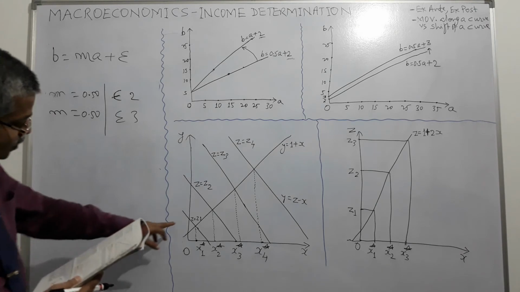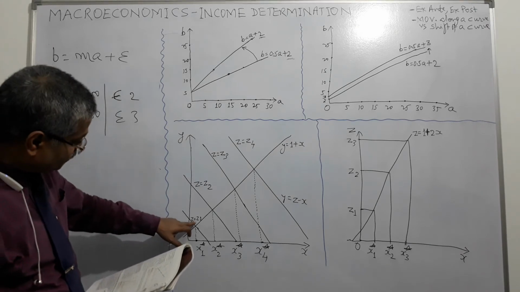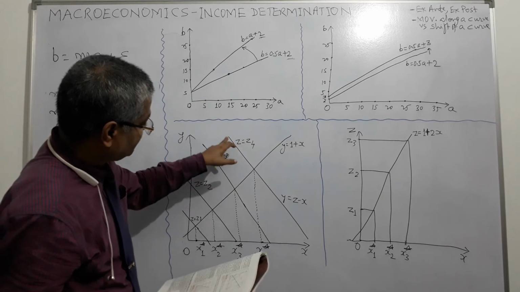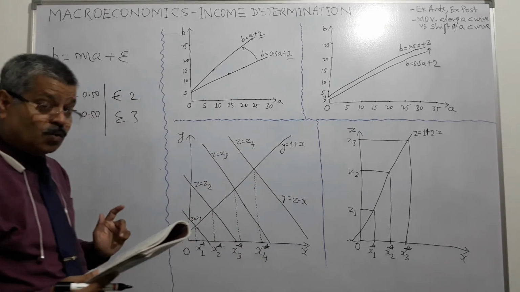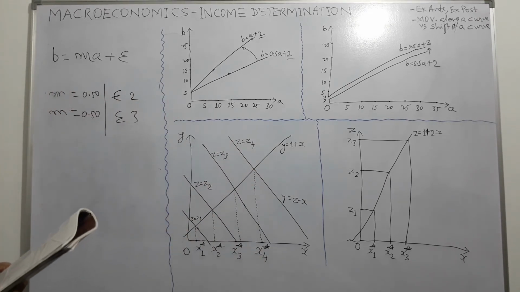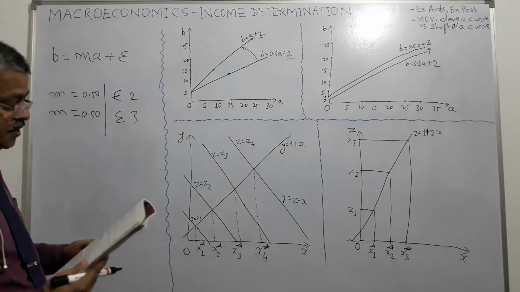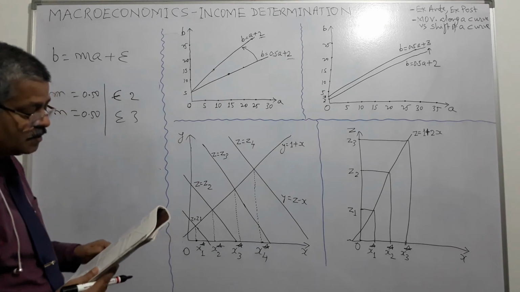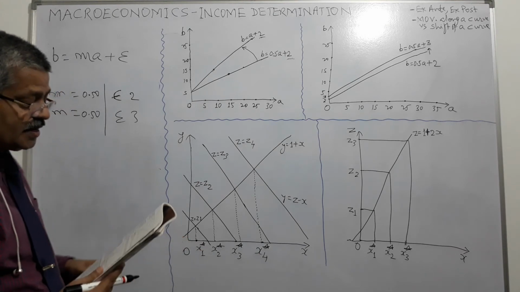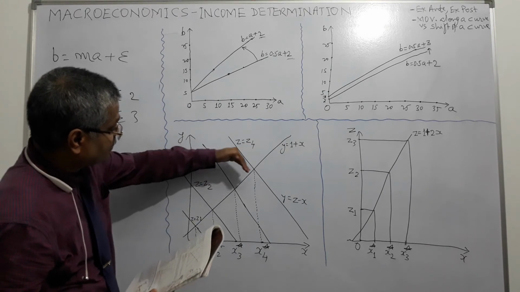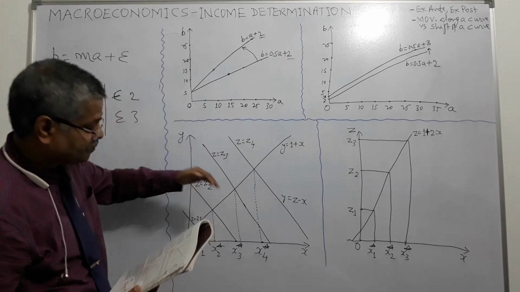For increasing values of z, here z is equal to z1, z is equal to z2, z3, and z is equal to z4, right? For increasing values of z starting from 0, the first straight line will undergo parallel upward shift, right?